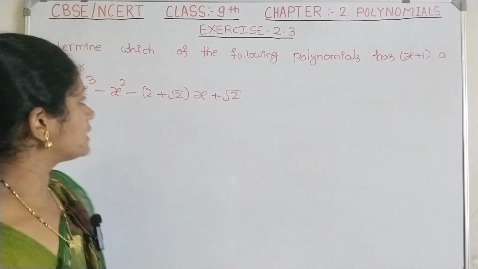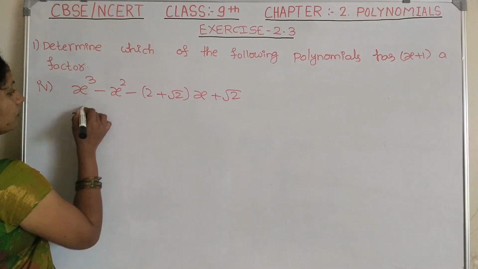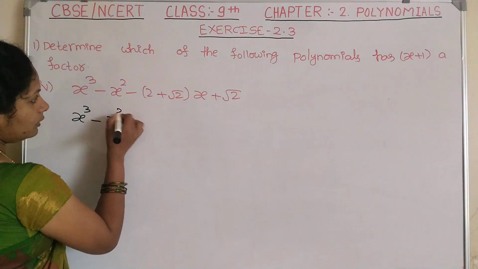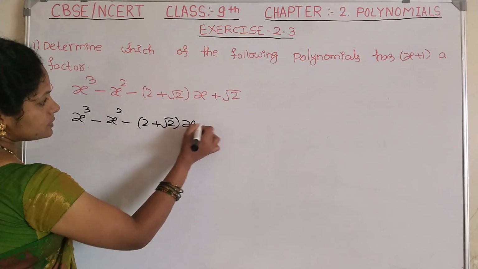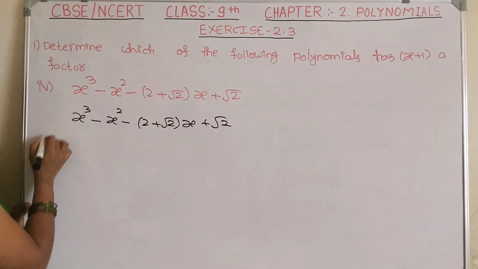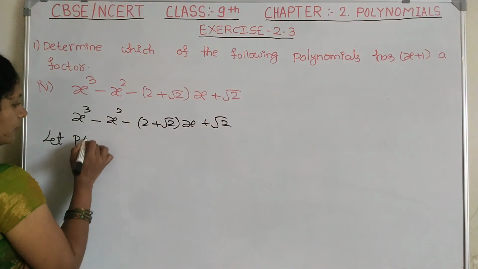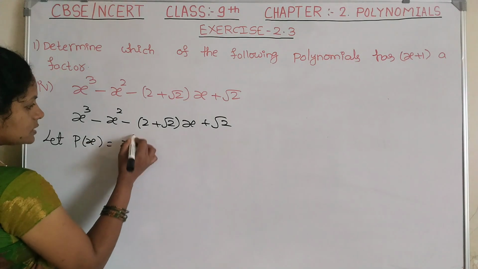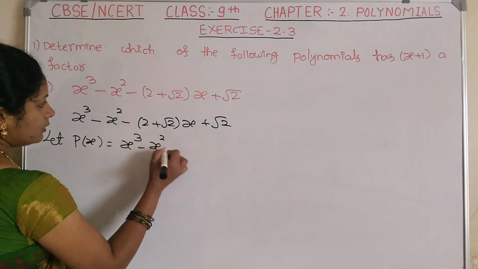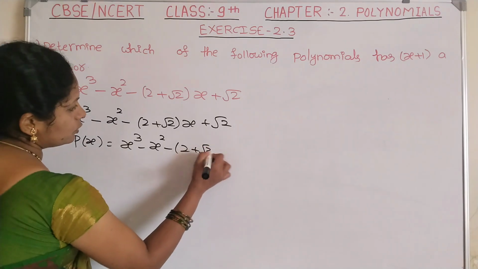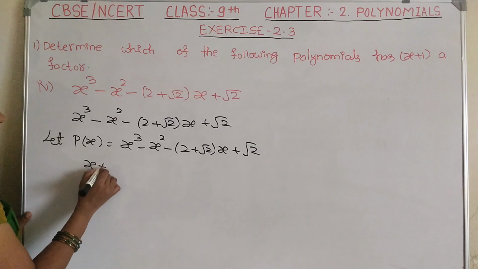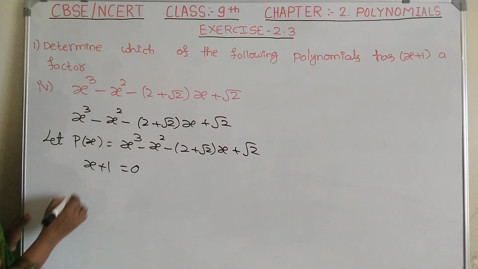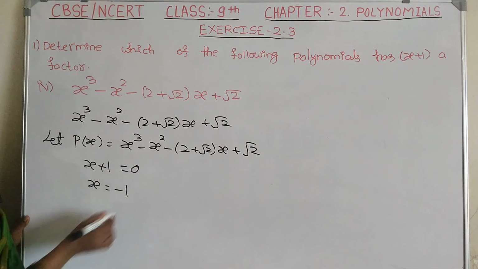The fourth bit is given as x cube minus x square minus 2 plus root 2 into x plus root 2. Let us take p of x equal to x cube minus x square minus 2 plus root 2 x plus root 2. x plus 1 is equal to 0. x is equal to minus 1.